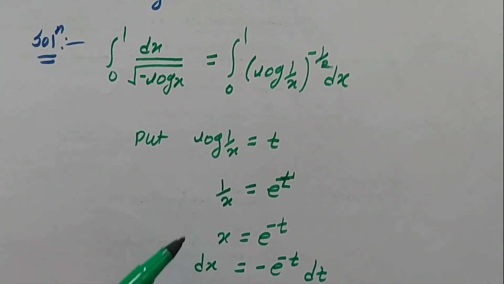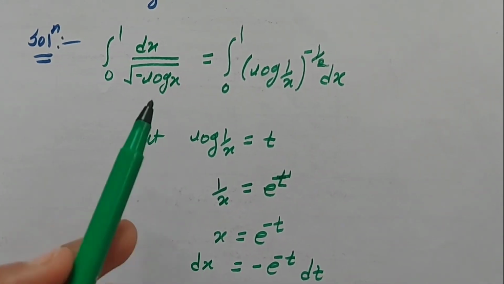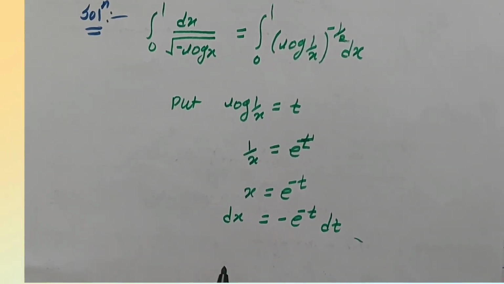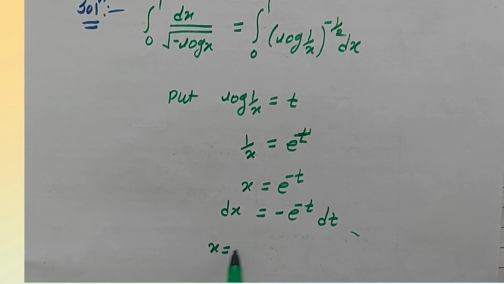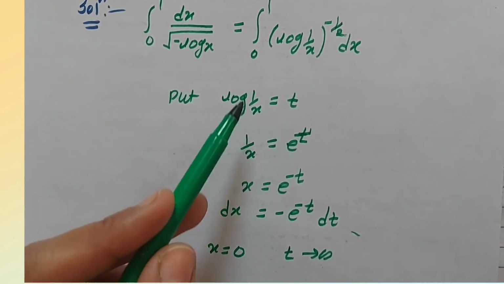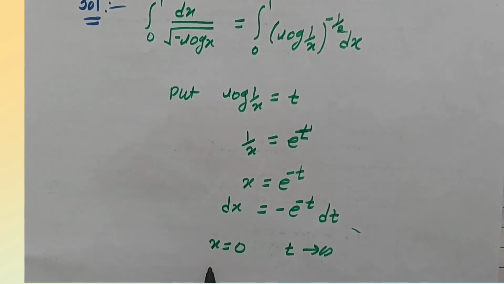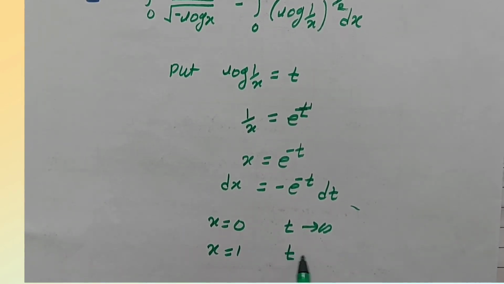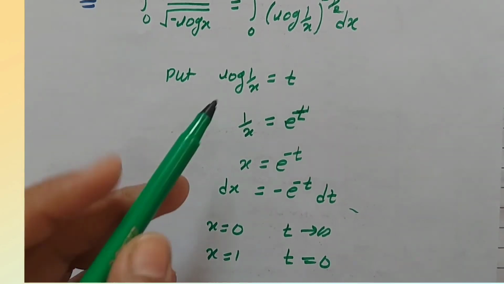Now we are changing the variable to t, therefore we have to change the corresponding limits also. Here the lower limit is x equals 0. If we put x equals 0, then we get t tends to infinity. The upper limit is x equals 1. So if we put x equals 1, we get t equals 0.